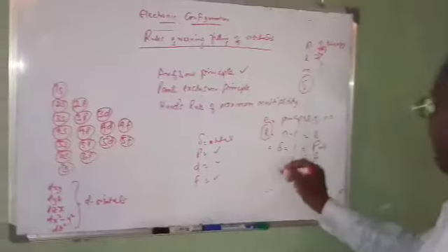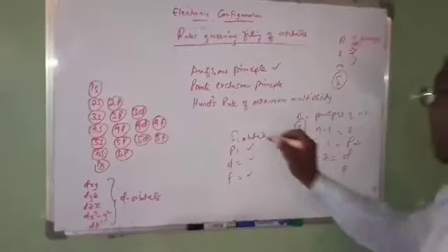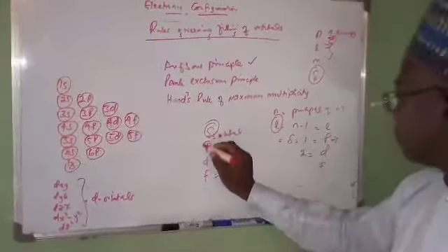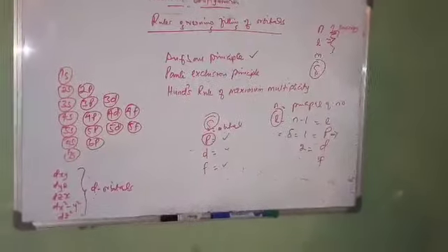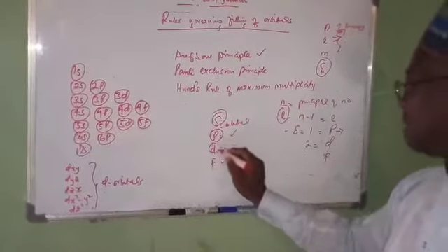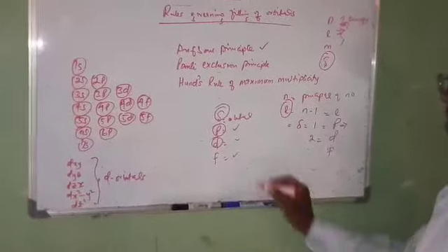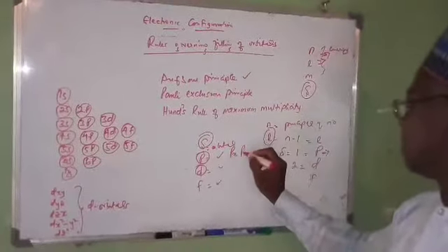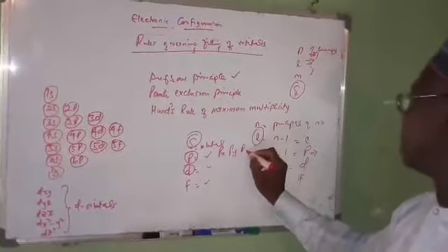Now, from our solution, we know that we have one s orbital, three types of p orbital, and five types of d orbital. The three types of p orbitals are the px, the py, the pz.